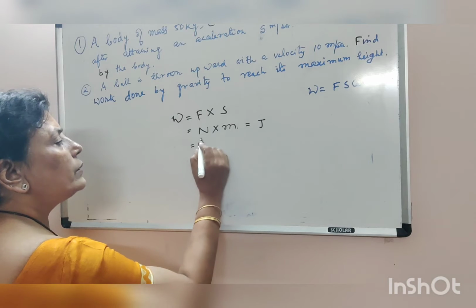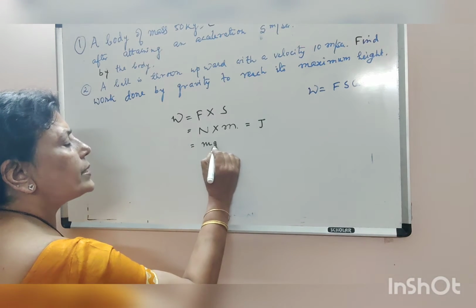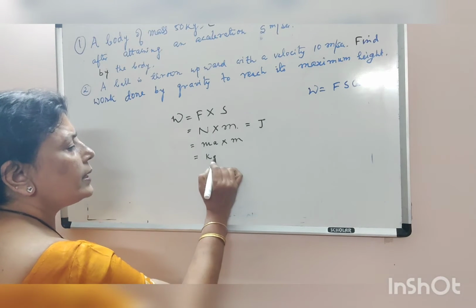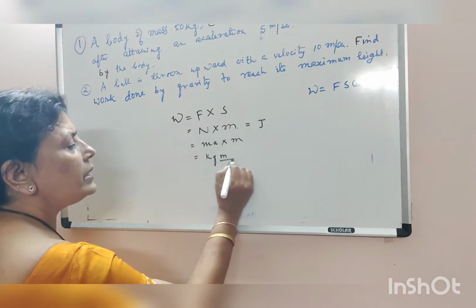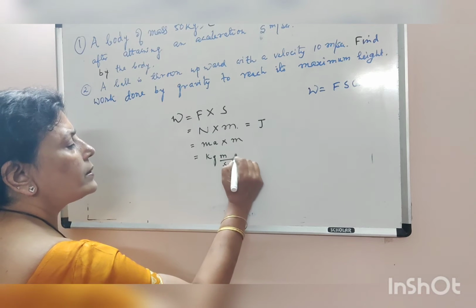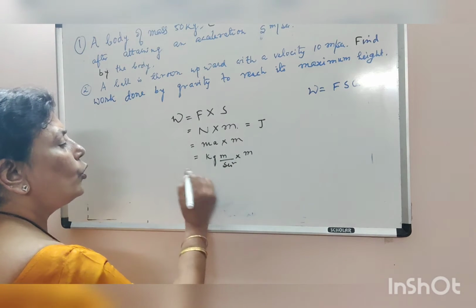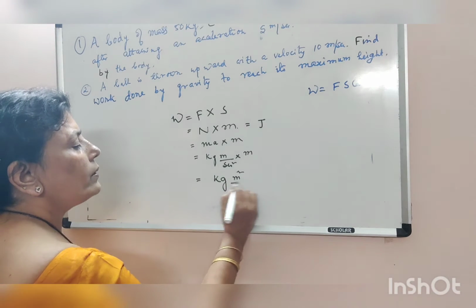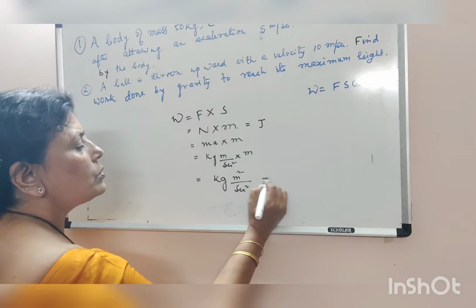What is Newton? Newton is equal to mass into acceleration. What is mass? Mass is represented in kg, acceleration in meter per second square, and displacement in meter. So the work done joule is nothing else but kg meter square by second square.